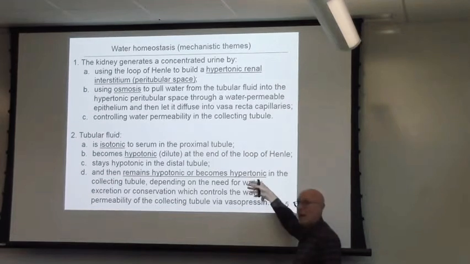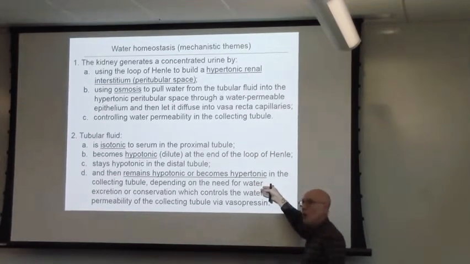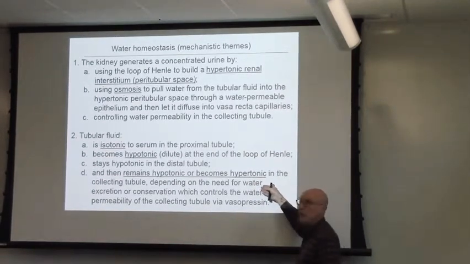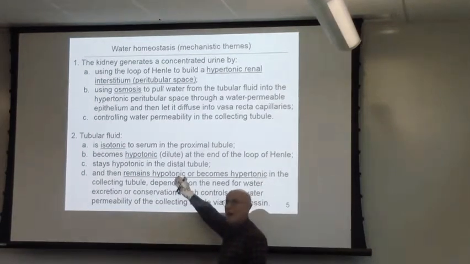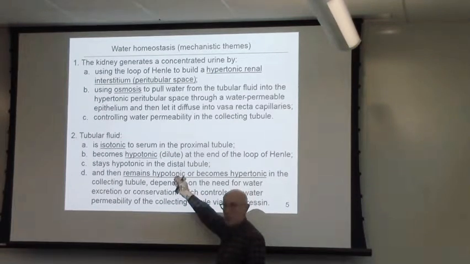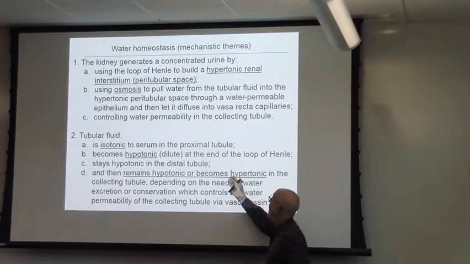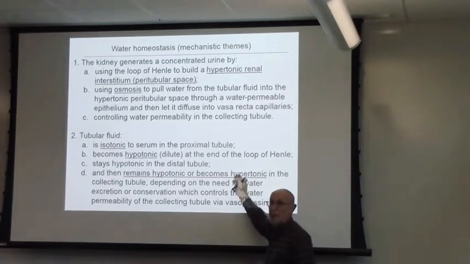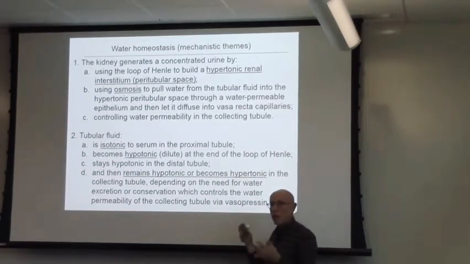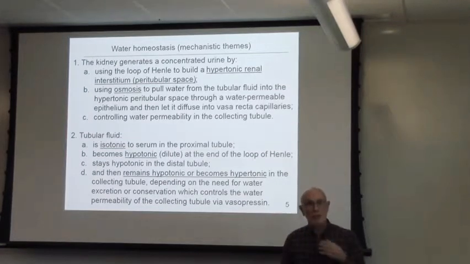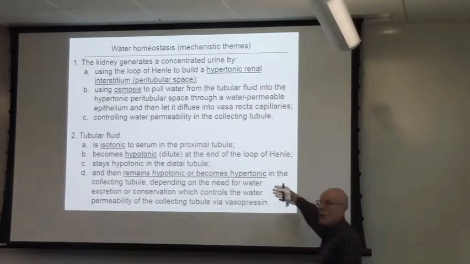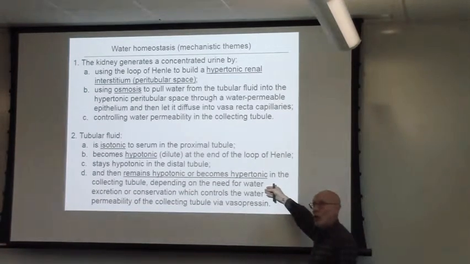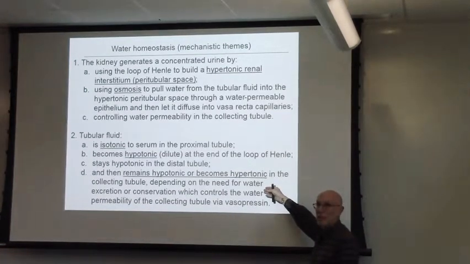And then the collecting tubule has mechanisms for either excreting a hypotonic urine, in the case of a hydrated person, or a hypertonic urine, in the case of a dehydrated person, in order to control the concentration of solute in the fluid and decide whether water excretion or water retention is necessary.